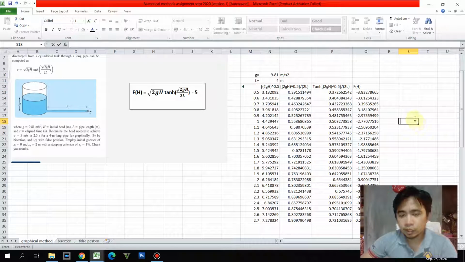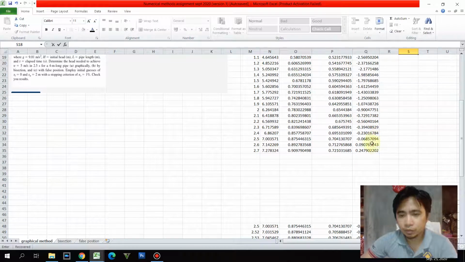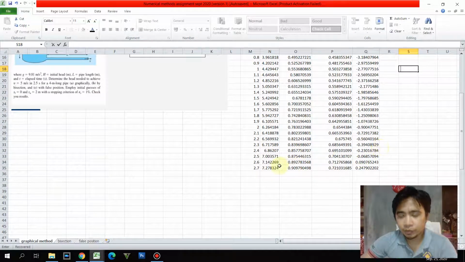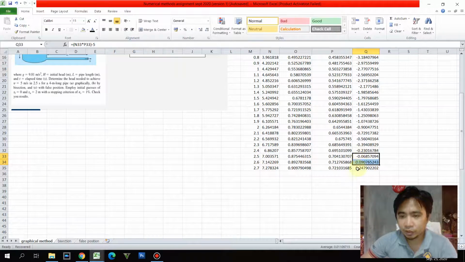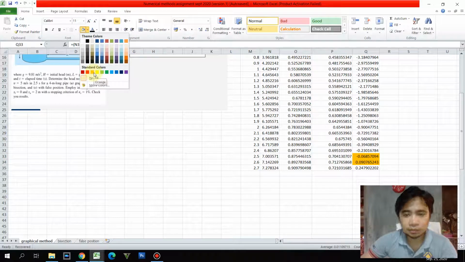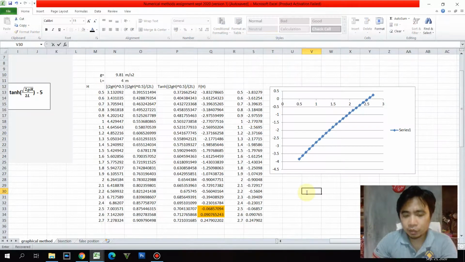And after getting the values, we can see here that the point where the curve will intersect 0 is nearest to this value in between 2.5 and 2.6. And we can actually see that in the graph, we have here the graph that is crossing the 0 line nearer to 2.5 value.